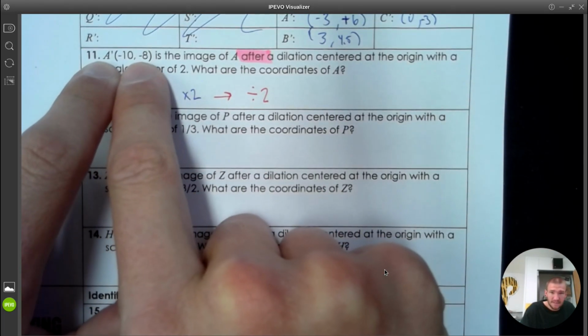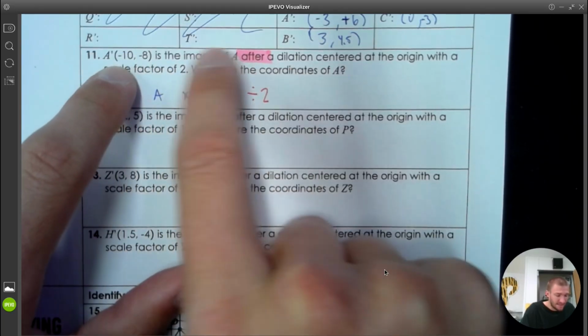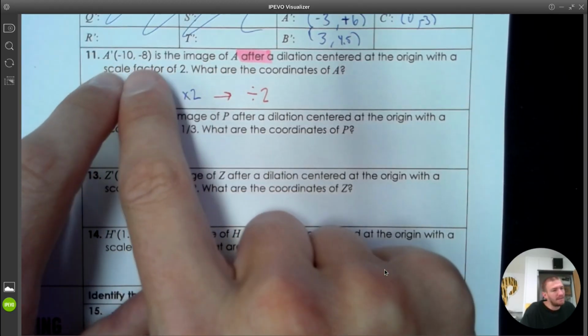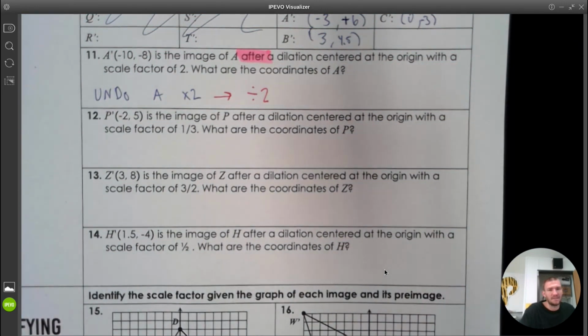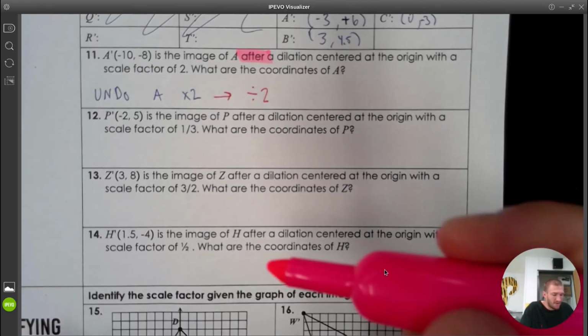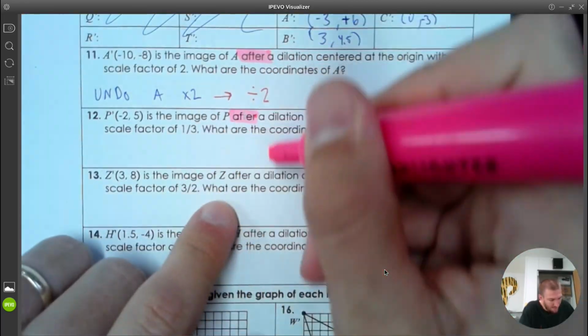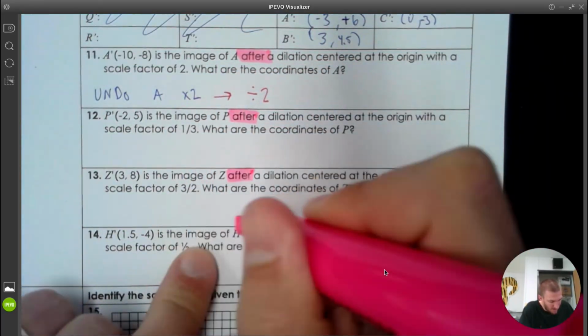You have a point, and after you dilated it, it's negative 10, negative 8. You got to be able to follow the process of saying, I'm not trying to dilate it again. I'm trying to undo the dilation. Now, you'll notice that that is a pretty similar pattern here because it says after, after, after.